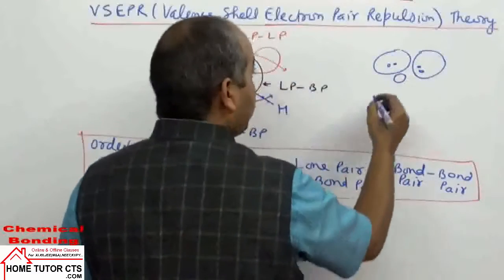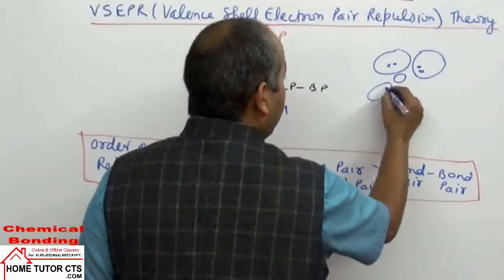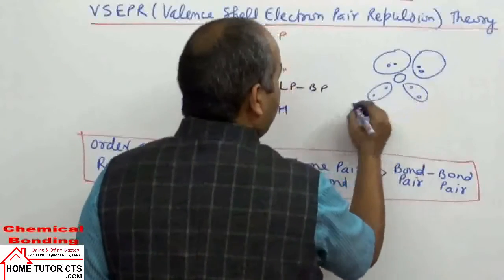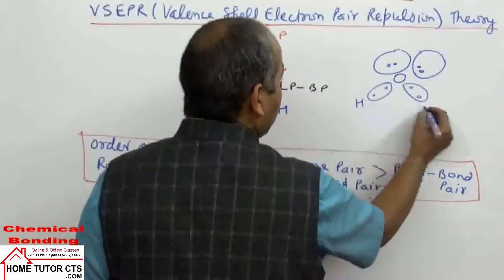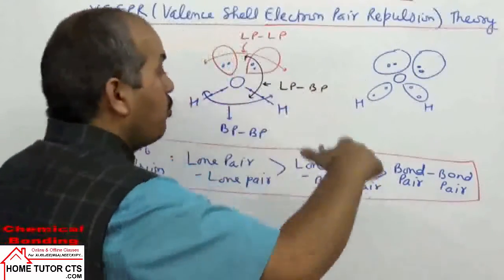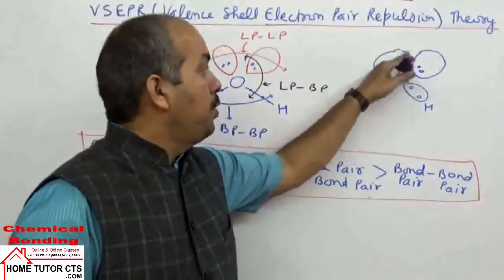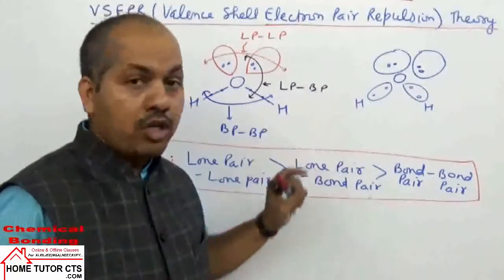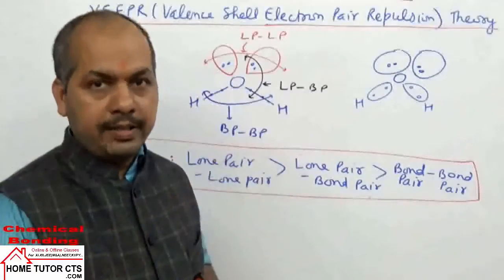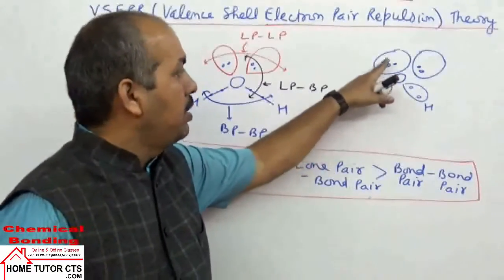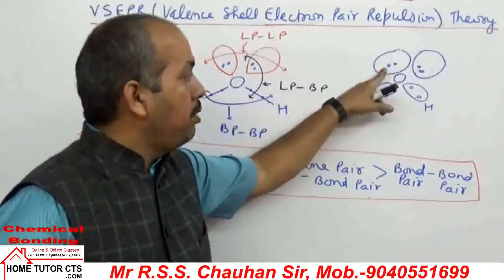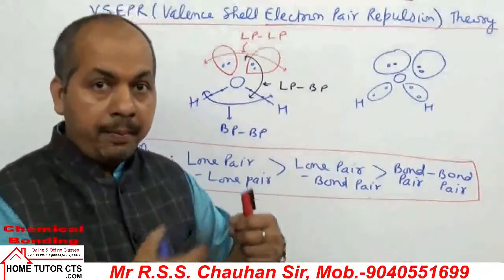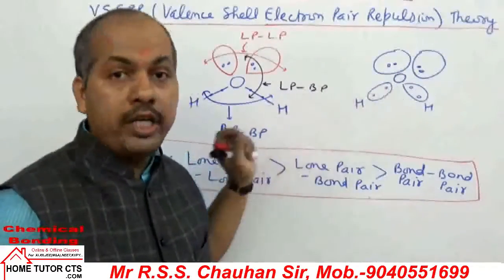On the other hand, if you take the bond pair, we have attraction by the nuclei of two atoms. So what happens? The lobes which contain the lone pair are almost spherical and the lobes which contain the bond pair get elongated. The lone pair occupying orbitals will be almost spherical whereas the bond pair lobes get elongated because of attraction by two nuclei.